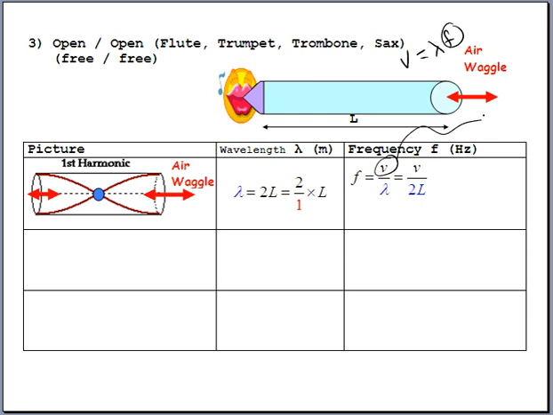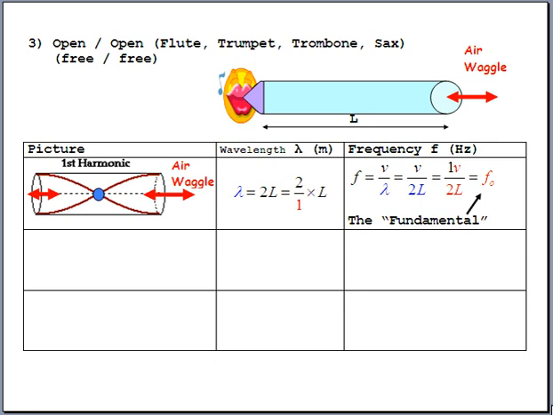So nice with the V, it's just going to be 343, just the speed of sound. Okay, so this is the lowest possible note that you can play, and it's 1 times V over 2L. I'm going to call that the fundamental, the original frequency for this length of pipe that we're going to play.